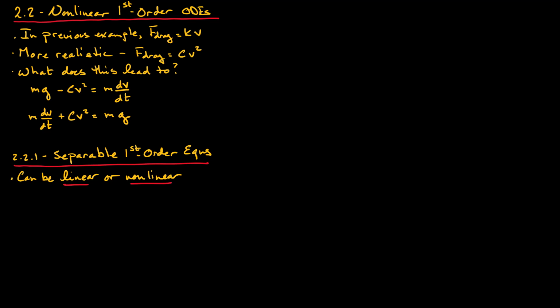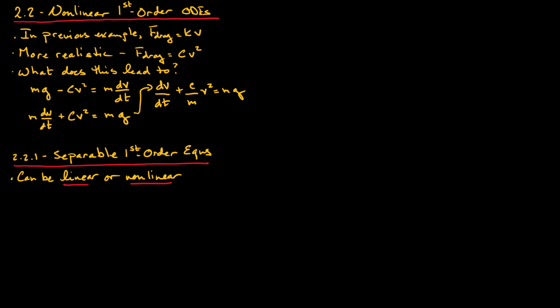We can divide this by m to put it in a somewhat standard form, which will give us dv by dt plus c over m v squared is equal to g. So note that we can no longer apply the integrating factor method.